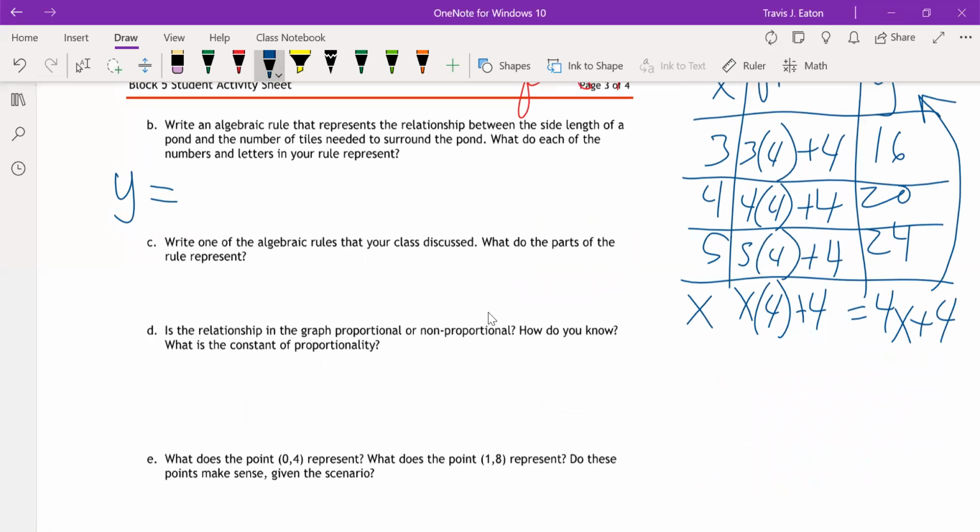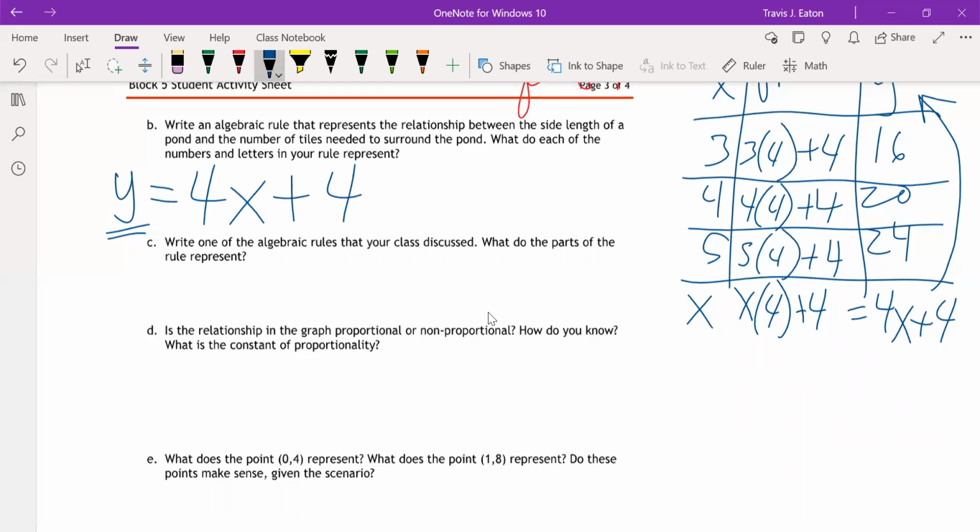So there's our algebraic rule. The number of tiles it takes is you take 4, multiply it by the length of the side of the pond, and then add 4 to that. Beautiful.